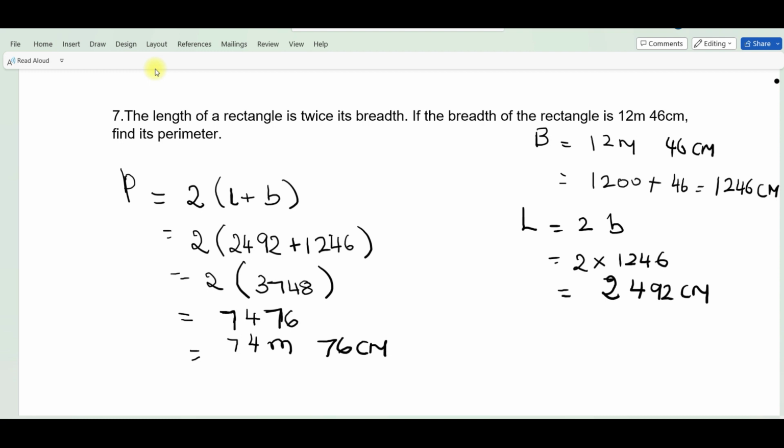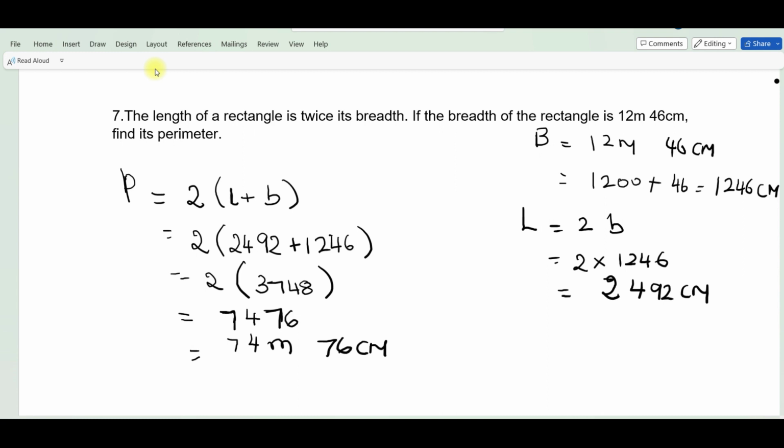So this would be the answer. After converting 7476, it would be 74 meters and 76 centimeters. So the perimeter of the rectangle is 74 meters and 76 centimeters. So this is the answer for the 7th question.